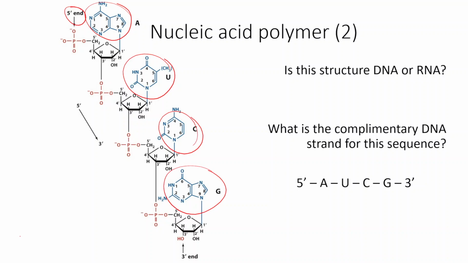So that's written out here, 5', AUCG, 3'. So how would I know what the complementary DNA strand would be for this sequence? What's complementary to A? Or does someone just want to tell me the whole complementary sequence? 5' to 3'. Uh-huh.